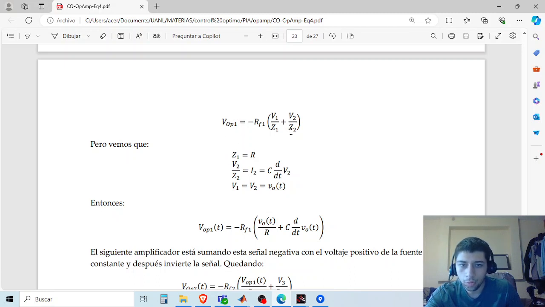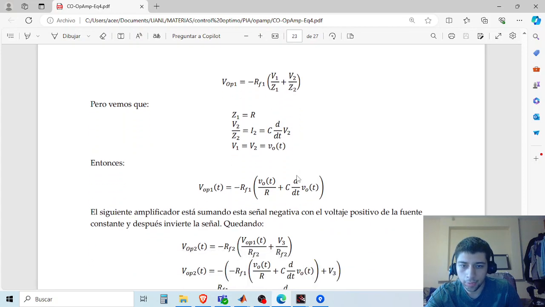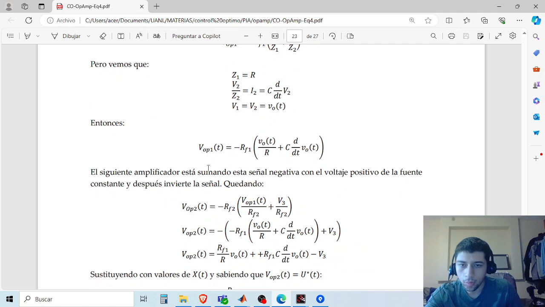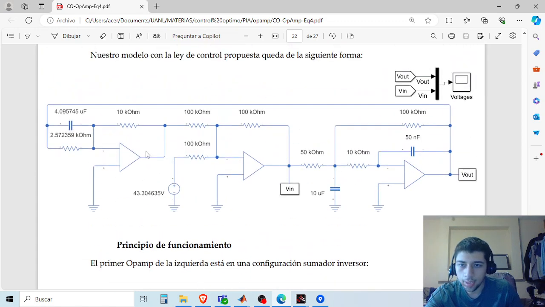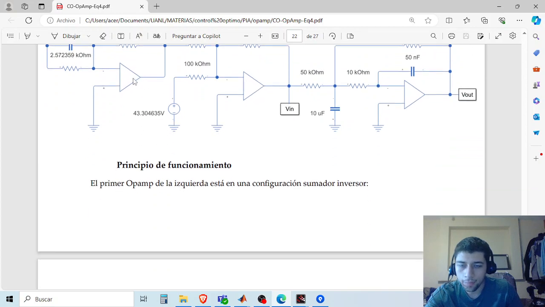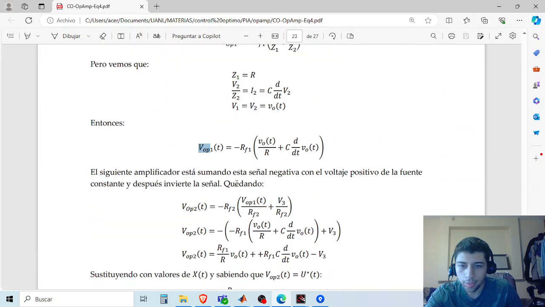And so V2 over C2, which is the current, gives us the following equation, which is the capacitor value multiplied by the derivative of the output voltage of the system. So the voltage in the first op amp turns out to be the following equation.